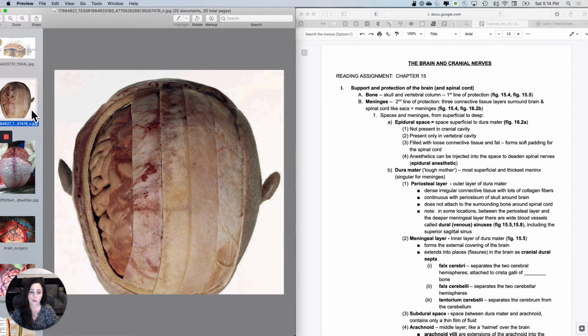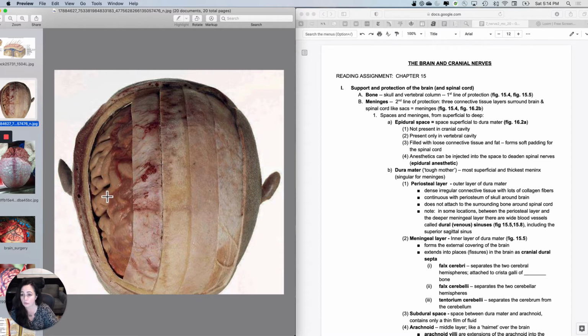The singular for the word is meninx, M-E-N-I-N-X. So the meninges collectively are the second line of protection, and what they really are is three connective tissue layers around the brain, and then there are some spaces in between them.